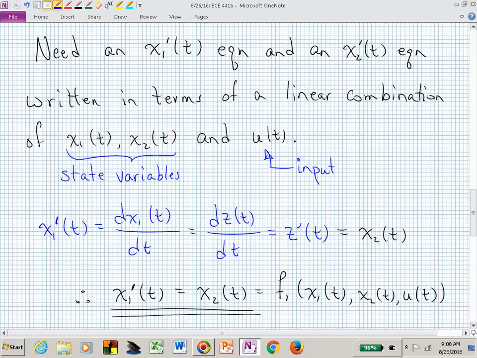The nice thing about state variables is we can extend this easily to nonlinear systems, meaning if we had a more complicated system, the right-hand side could be some nonlinear combination of x1, x2, and u. And the state space is clean in that we have the same ideas and concepts if we have multiple inputs and multiple outputs.